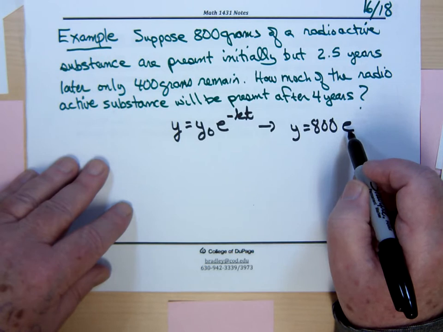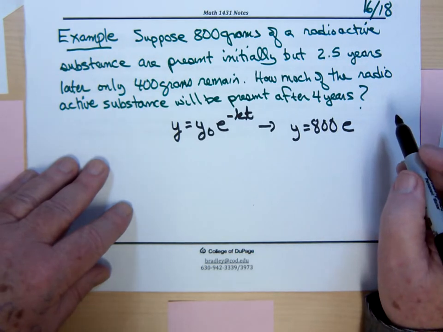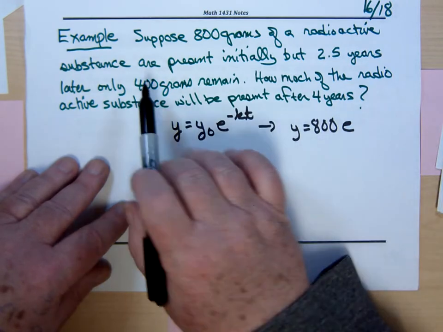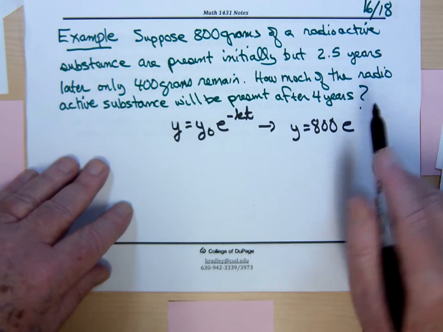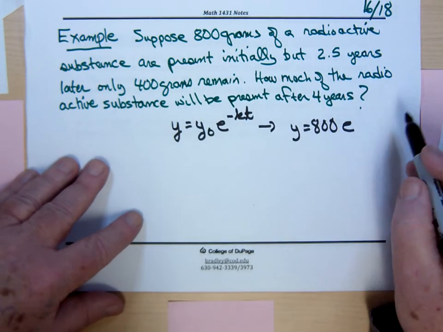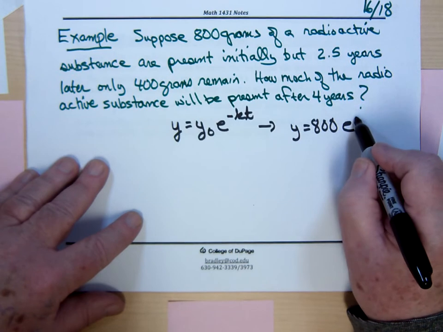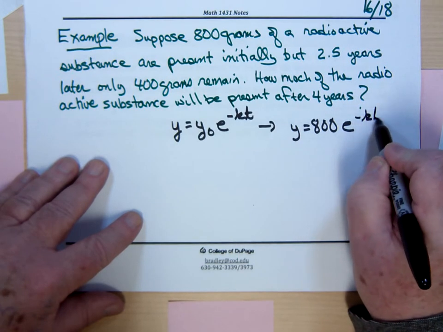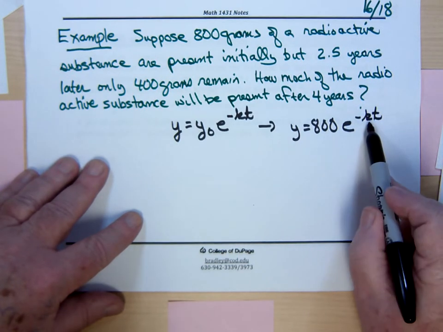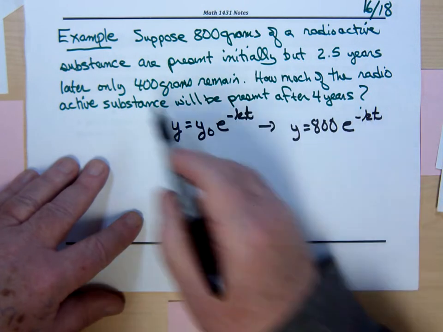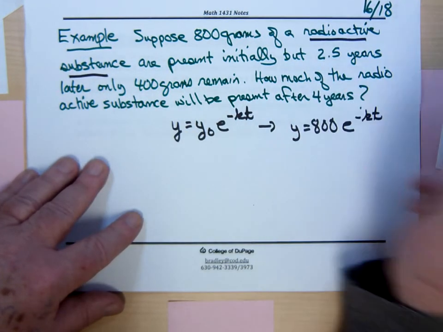This is just a general radioactive substance, not just carbon-14, so we have a different variable we need to solve for. We need to find out what k is for this radioactive substance. This is not necessarily carbon-14.